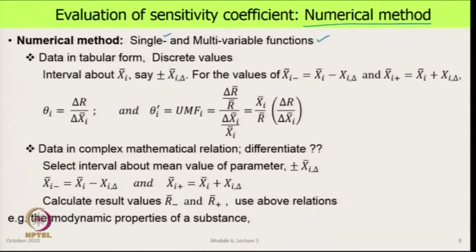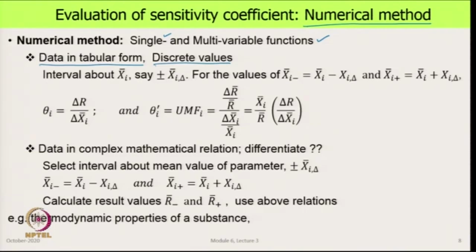There are instances where the data that we are using is not a continuous function or an analytical function, but is given in tabular form. That means the data is given at discrete values.